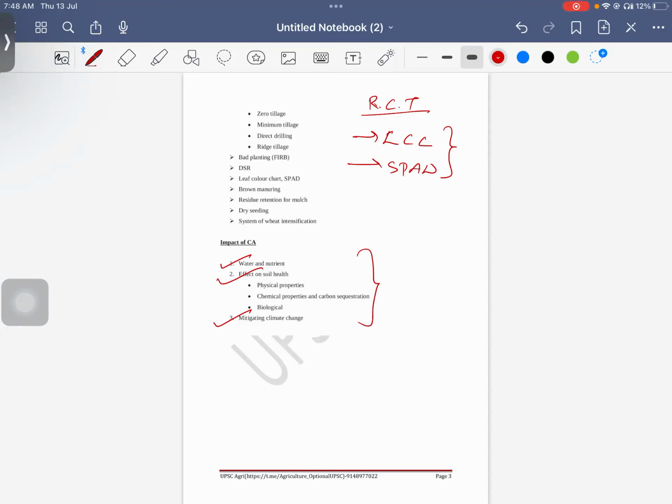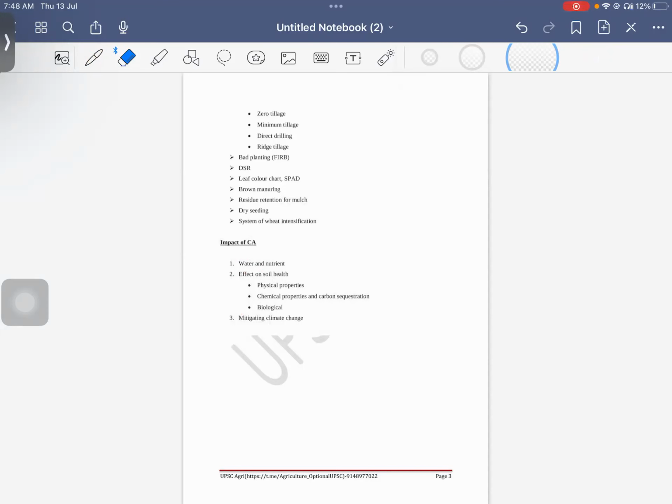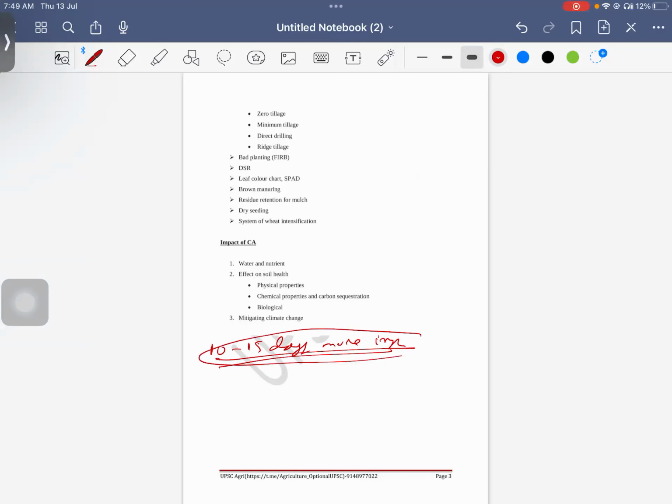Finally, I have to tell you something which is more important: why is this 10 to 15 days gap more important? This is one of the reasons why we are going for conservation, because after rice and wheat we don't have time. We can't take like 1 month to relax.